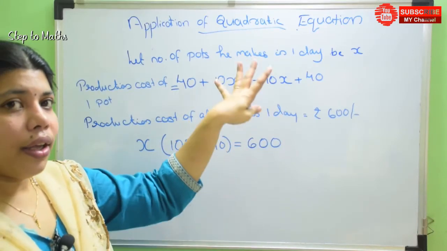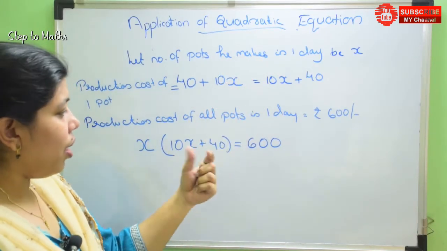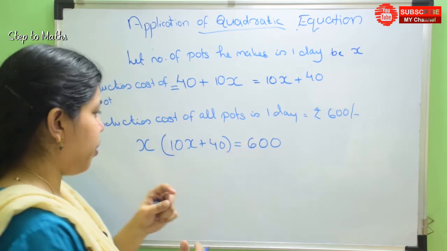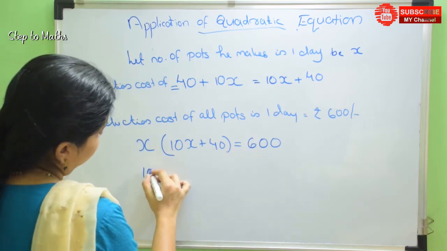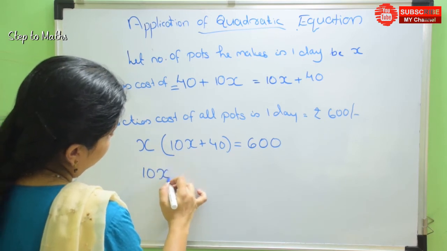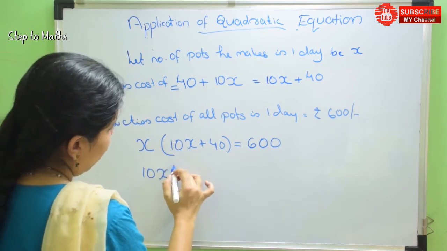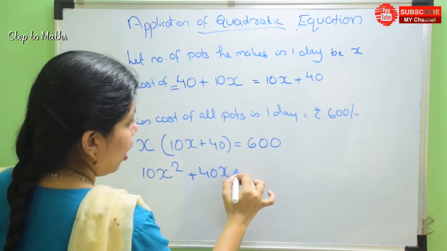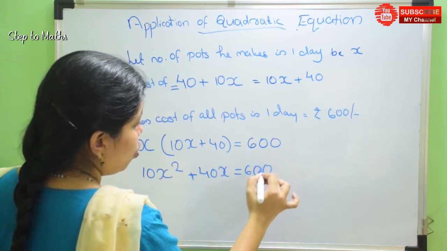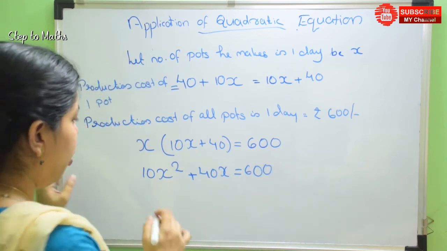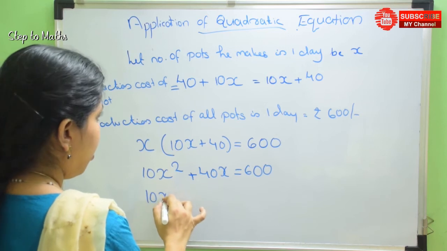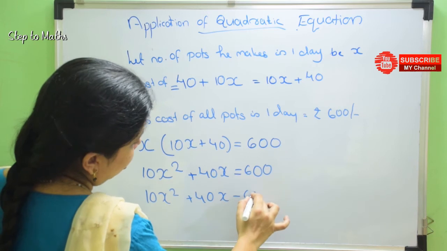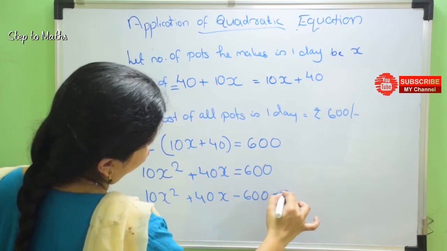The given conditions are represented in the form of an equation. If we rearrange this equation, it becomes 10x square plus 40x equal to 600, or 10x square plus 40x minus 600 equal to 0.